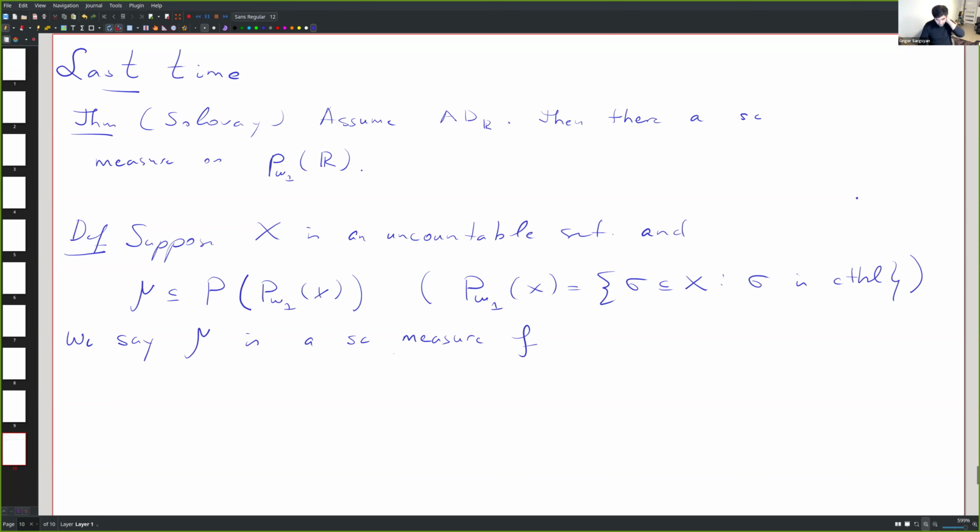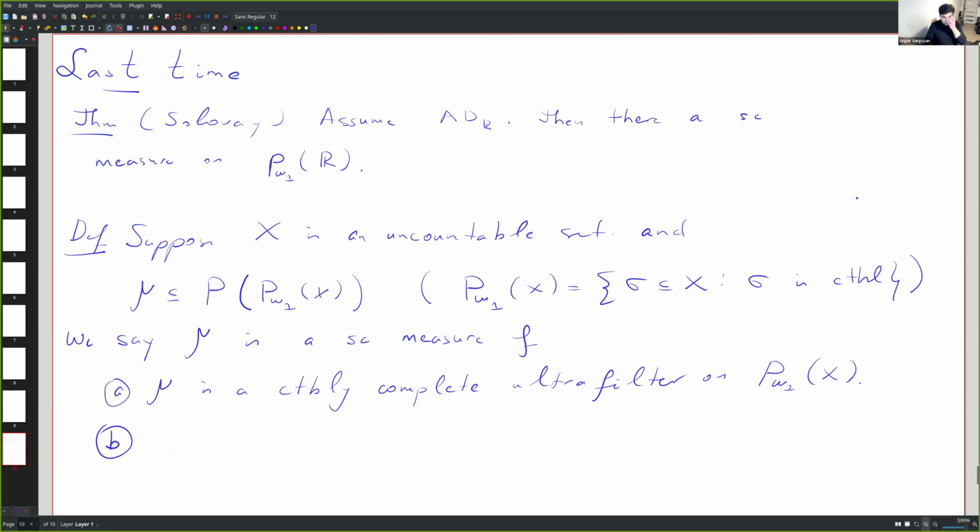if mu is a countably complete outer filter on P omega 1 of X. Mu is fine.